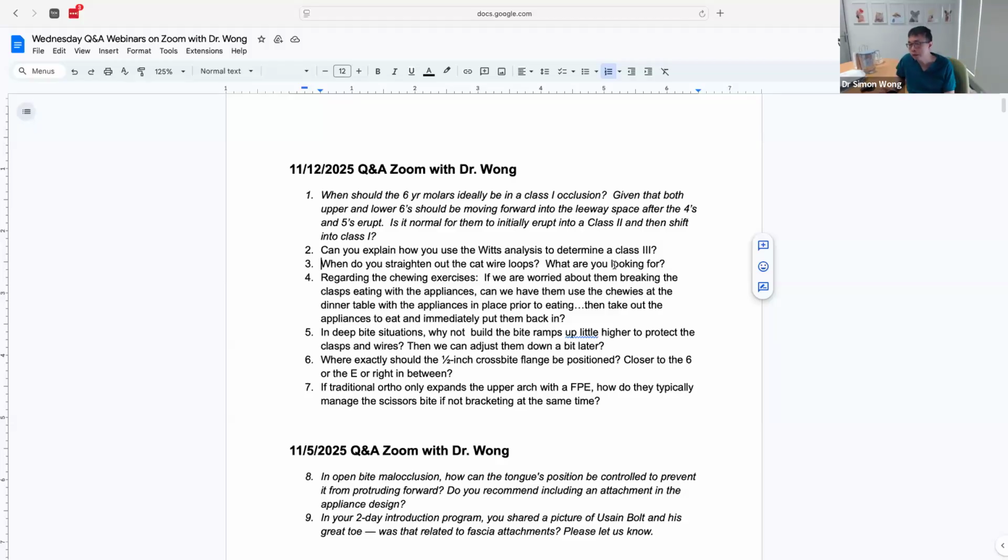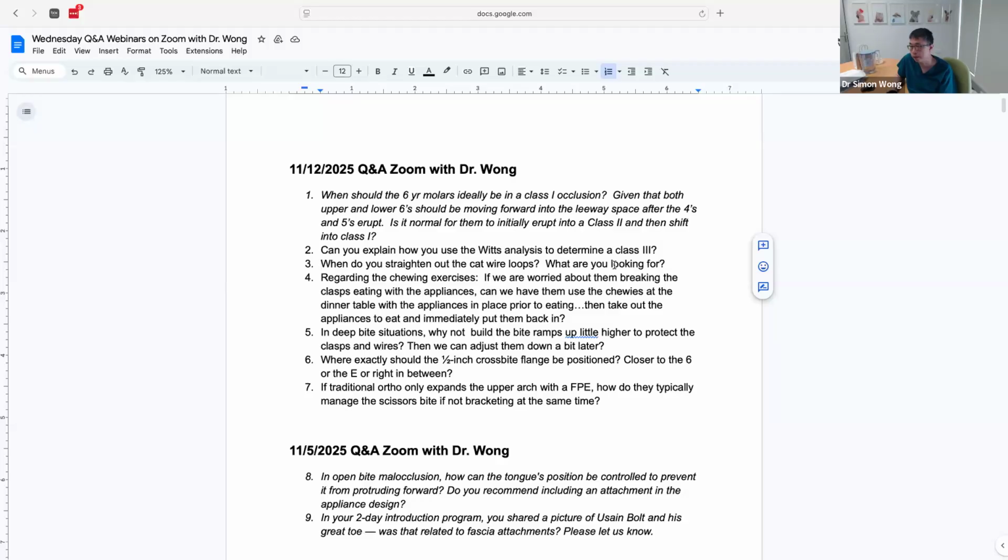A point is dropped perpendicular to the occlusal plane, and B point is raised perpendicular to the occlusal plane. If B point is ahead of A point on that occlusal plane, then you've got a class 3, because A point should be very slightly in front of B point for a normal class 1.